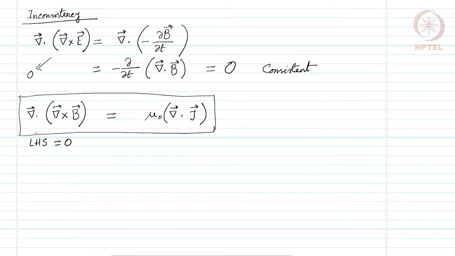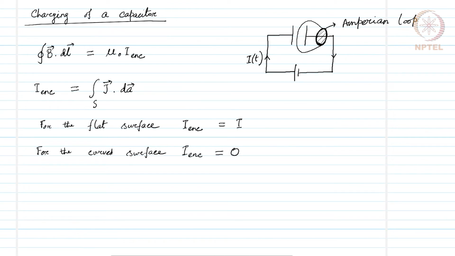So, the right hand side should also be always 0, but if the right hand side of this equation is not 0, we have to make it 0. Maxwell tried to make that right hand side 0. How did he do that?